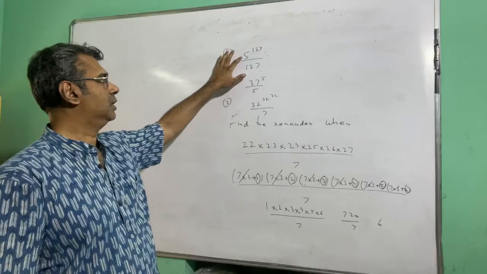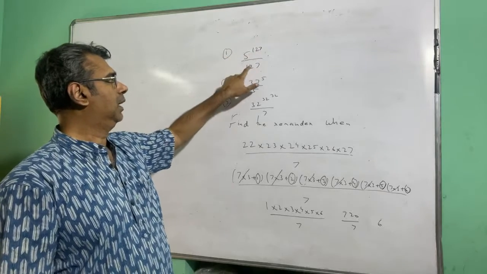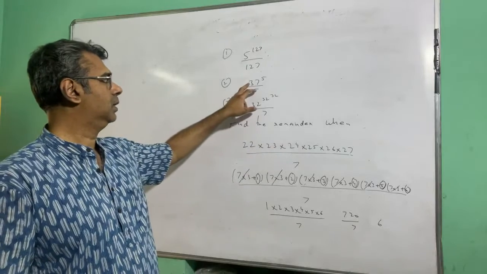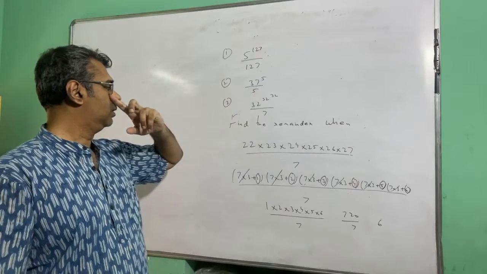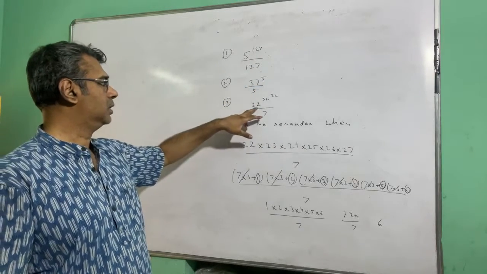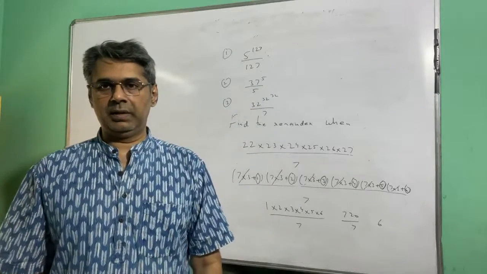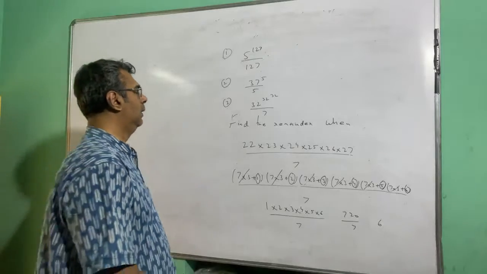The first is find the remainder when 5 to the power 127 is divided by 127. The second is find the remainder when 37 to the power 5 is divided by 5. The third is find the remainder when 32 to the power 32 to the power 32 is divided by 7.